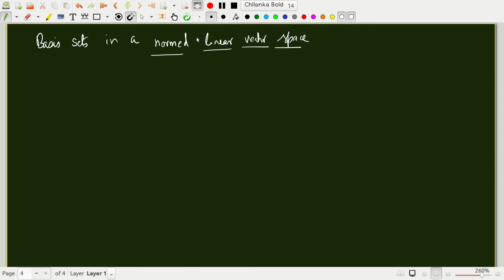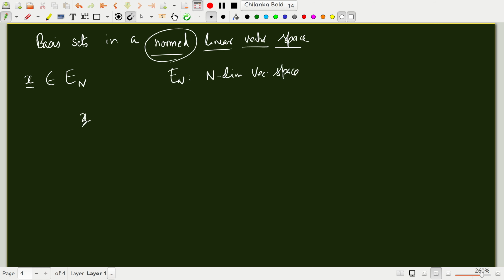There are some axioms that have to be followed. But what is a normed linear vector space? A linear vector space in which you can define a norm is called a normed linear vector space. Suppose I have a vector x that is n-dimensional. E n denotes an n-dimensional vector space.